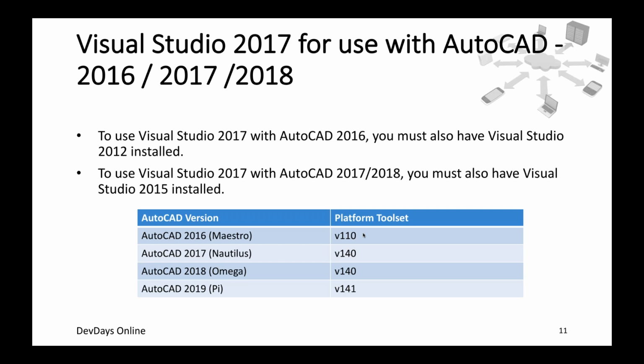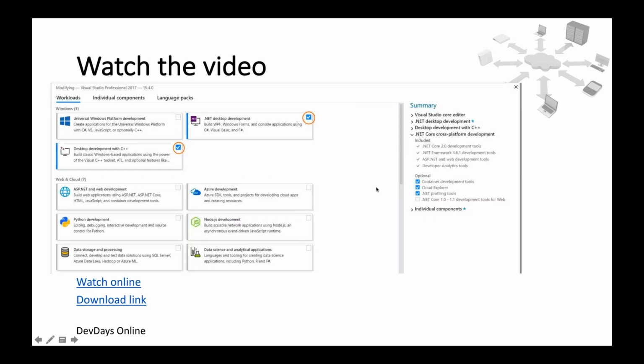So if you're compiling for AutoCAD 2016, you would install Visual Studio 2012 and select platform toolset 1.1.0. For 2017 or 2018, you'd install Visual Studio 2015 and select platform toolset 1.4.0. And for AutoCAD 2019, this next release, you just need Visual Studio 2017 and select toolset 1.4.1. That may be a little bit complicated.